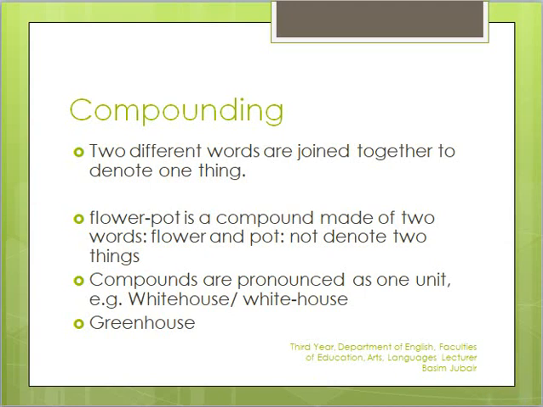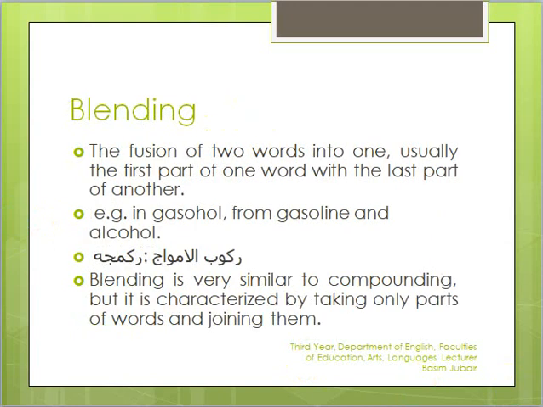Now the second process is called blending. Now compounding, this is important. Compounding is a process where a word is produced through a combination of two separate words, to give one word which has a different meaning although it is relevant.